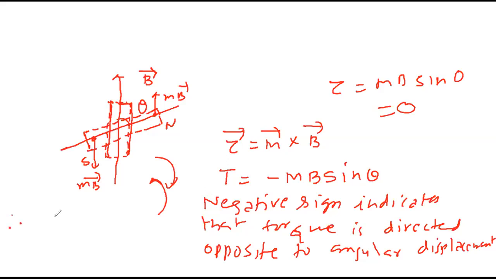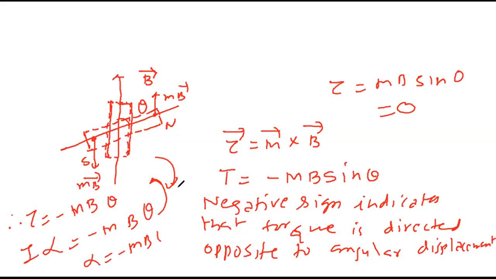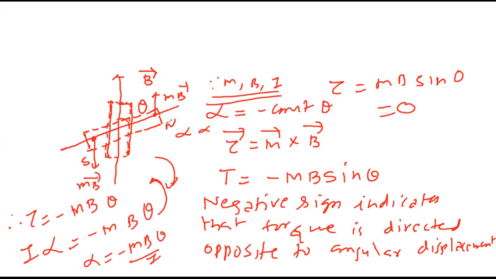Since theta is very small and measured in radian, sine theta is the same as theta. So torque is minus mB theta. But torque is I alpha, where I is moment of inertia. So alpha is minus mB theta upon I. Since m, B, I are constant, alpha is minus constant into theta. So alpha is proportional to minus theta. This shows that the bar magnet performs angular SHM.